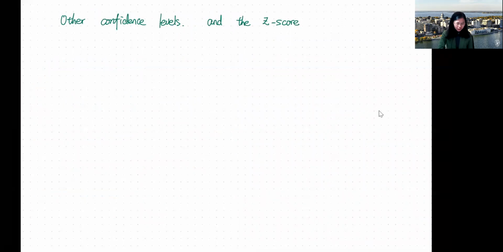Now let's continue assuming that sigma is known and consider other confidence levels besides 95%. 95% is a very commonly used confidence level for confidence intervals, but other confidence levels have been used also.